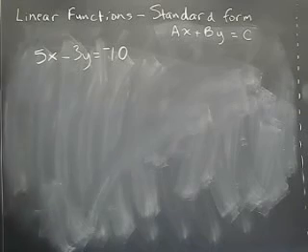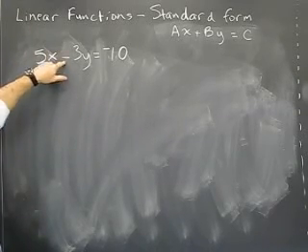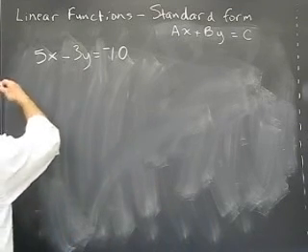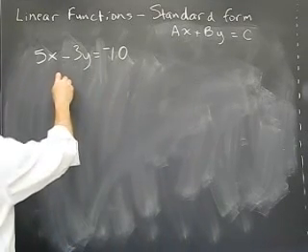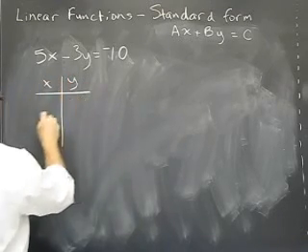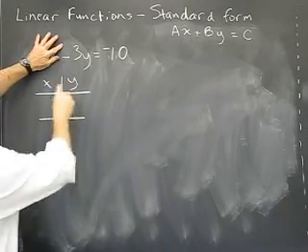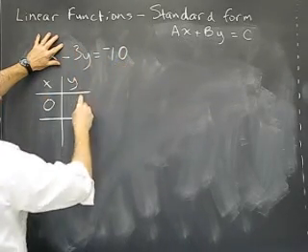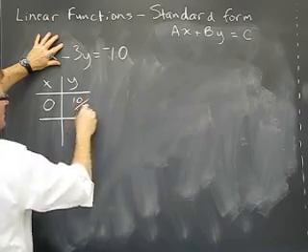Here again we have a standard form. It's a minus here. There's a negative. Don't worry, everything's still going to work the same way. What I want to look at first is the x and the y-intercept. So, mini table of values. If x is 0, y is going to be equal to, divide the negative 3 under, so it's going to be a positive 10/3.